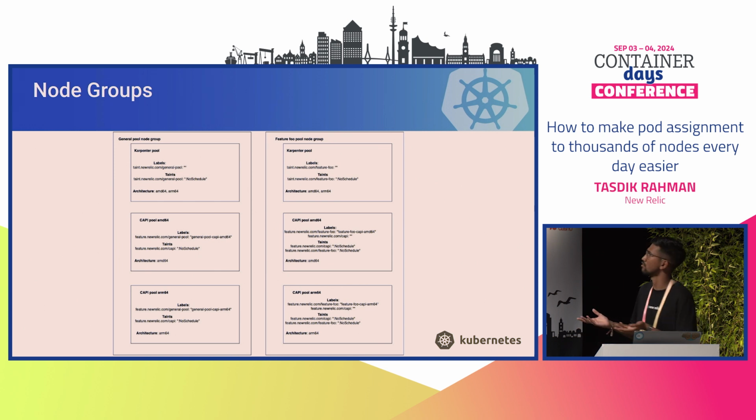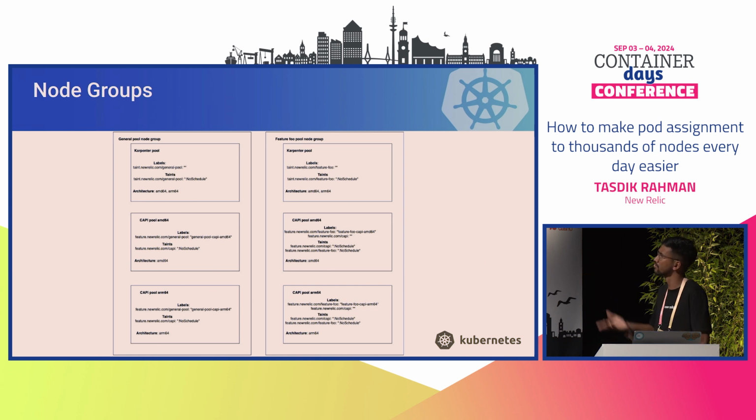And as you can see on the left side, this general pool node group would have 3 compute providers, and the pools would be namely Karpenter pool, CAPI pool, and each of the CAPI pools have an implementation for one specific architecture.